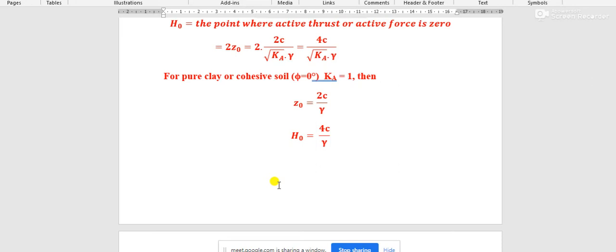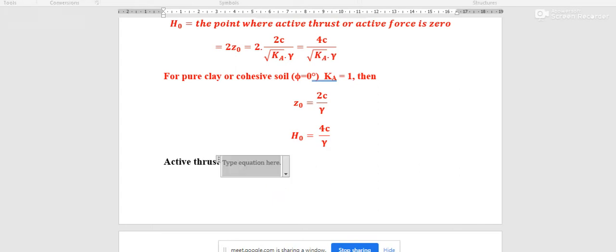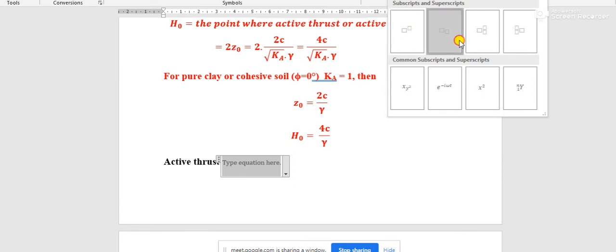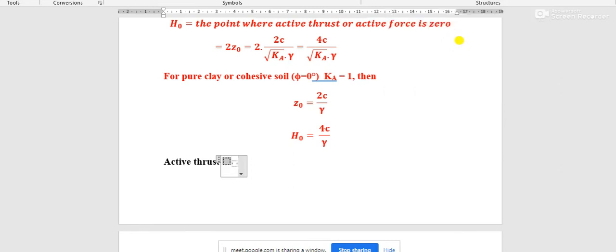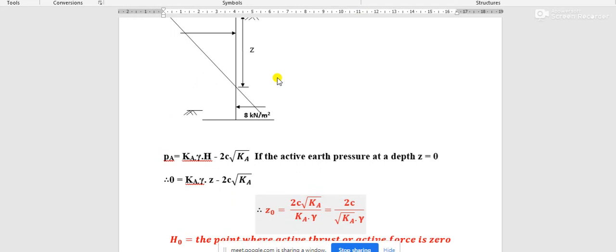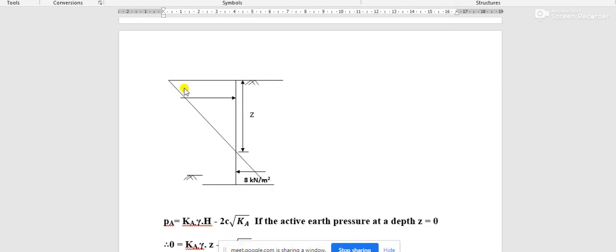Okay, now the last part of this problem, that is active thrust, that is capital PA. That is the same as the area of this pressure diagram.